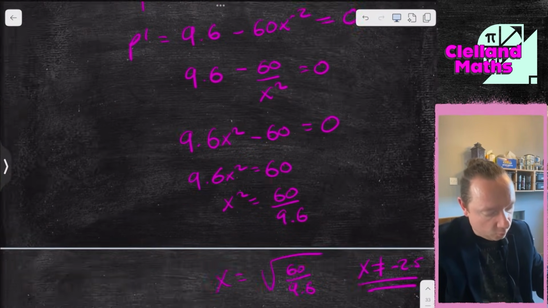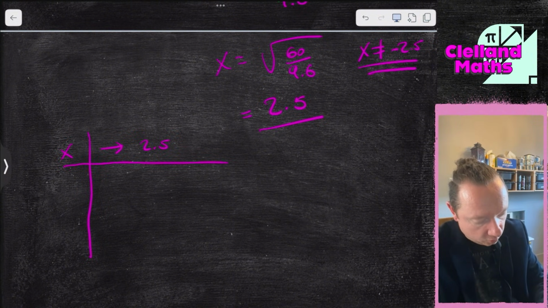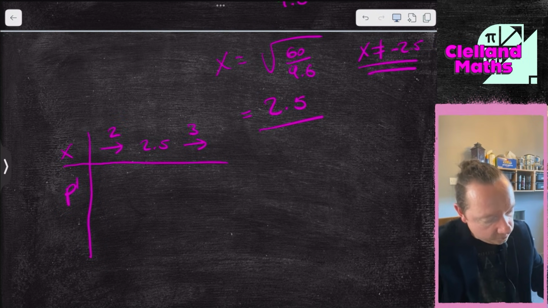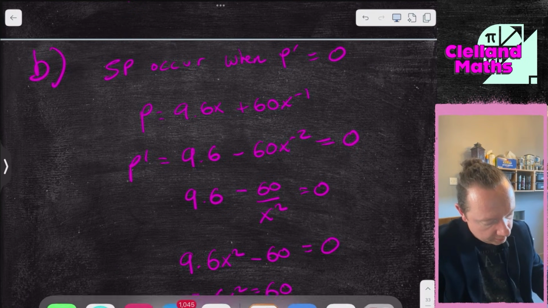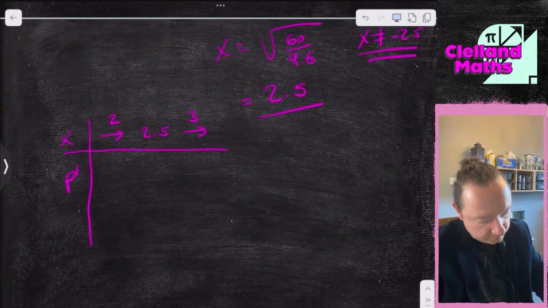But before we do that, we need to do a nature table to check that it's a minimum. Along to 2.5 and along, P dash, just pick 2 and 3, say. So subbing in 2, we get 9.6 minus 60 over 2 2's is 4. Well, that's a negative number.